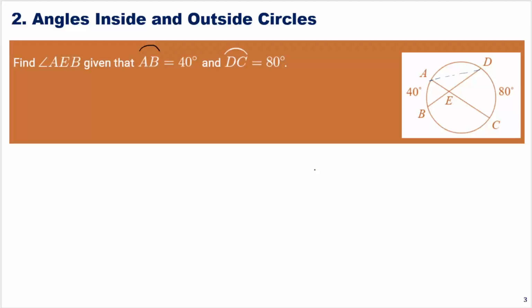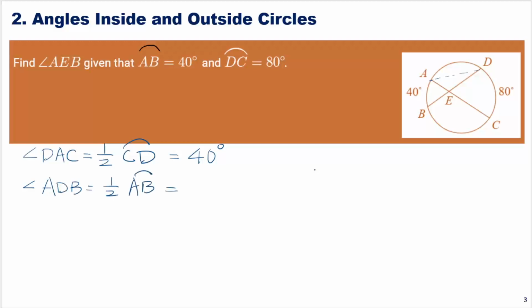We have angle BAC equals 1/2 the corresponding arc CD, right? And this gives us 40 degrees. And on the other hand, we have angle ADB equals 1/2 of the corresponding arc, which is AB, and this gives us 20 degrees, right?